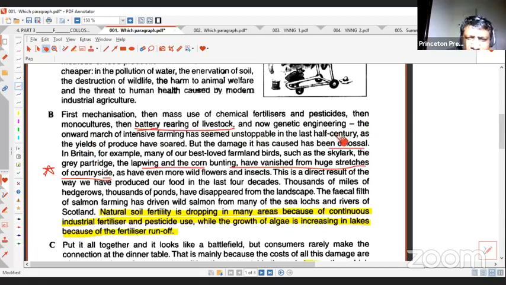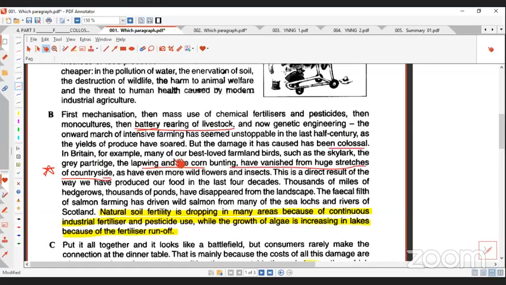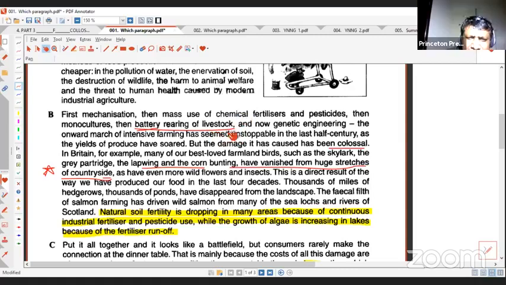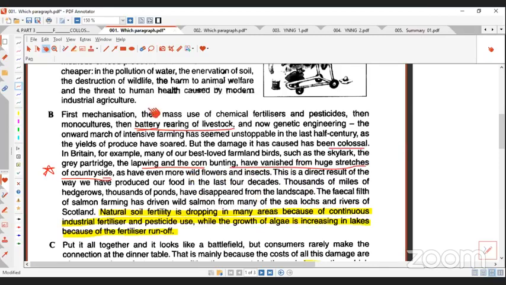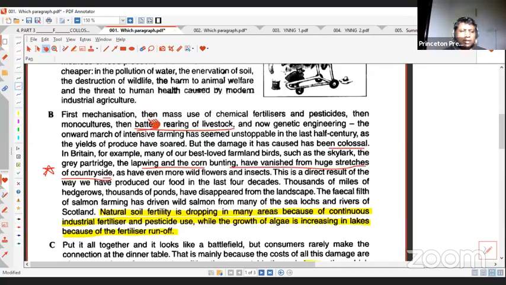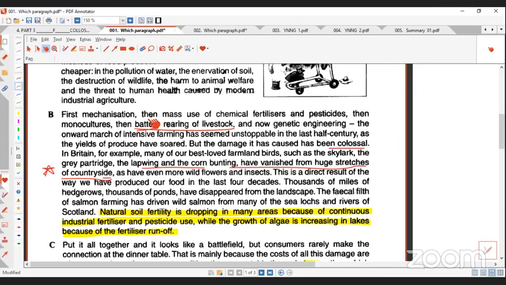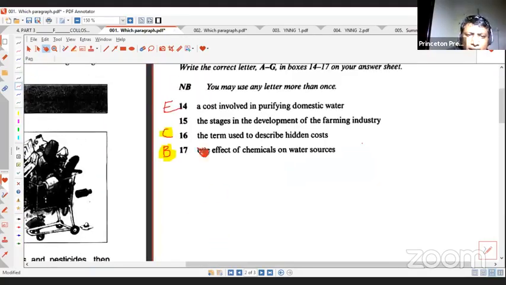The mass use of chemicals, this is okay, these are the stages. So this could be an answer for B. It was a little bit difficult for us. Did they mention stages in the development of farming?